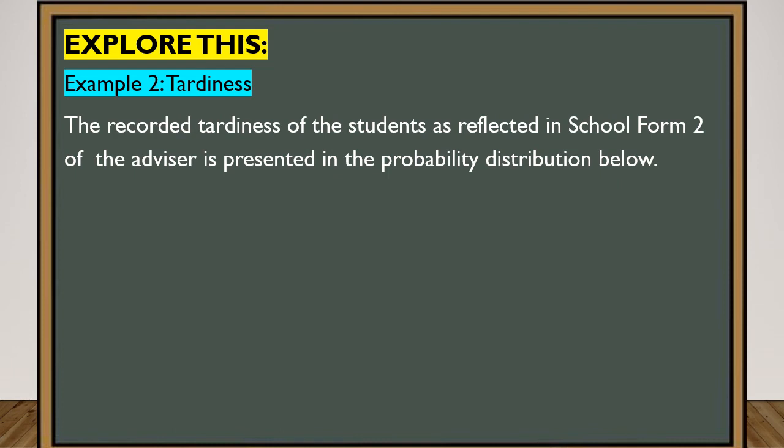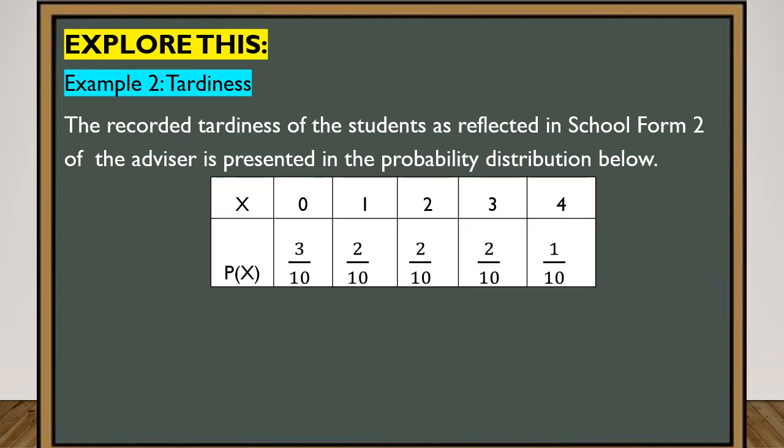It means you're late, so you are slow in moving. That's why you're late. So the recorded tardiness of the students as reflected in school form 2 of the advisor is presented in the following probability distribution.